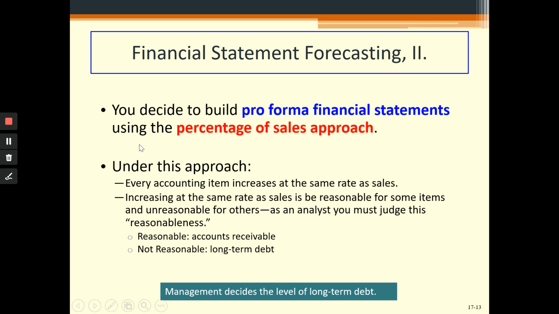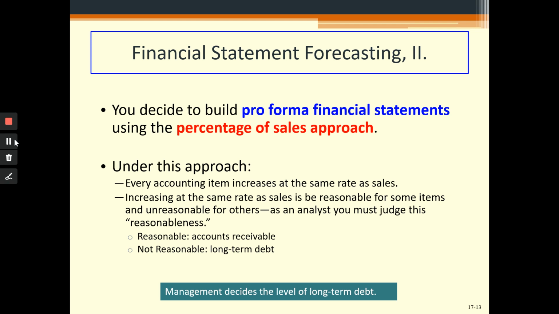We have to make a lot of assumptions. We will start with the percentage of sales approach. In the percentage of sales approach, we use this to build the pro forma financial statements about the future, and a pro forma financial statement is basically a forecasted statement, meaning the income statement and balance sheet. From the given, previous data, we are trying to forecast into the future.